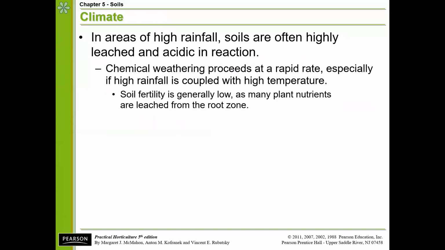So climate, of course, is one of the big factors in how long it takes for the rock to break down into soil. It's also important for what plants can grow on it, which then affects how that rock breaks down as well. If we have higher rainfall, then generally we're going to have a more highly weathered soil.